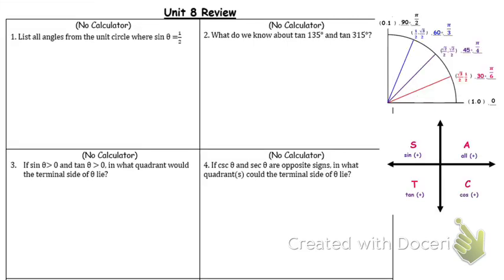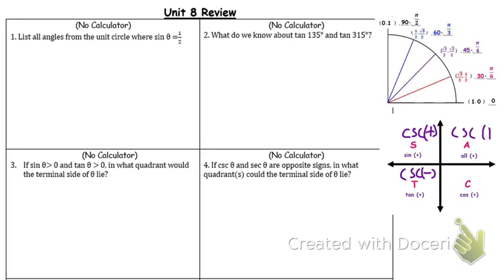Oops, still have one more. If cosecant and secant are opposite signs, in what quadrant would the terminal side of theta lie? Okay, so here we have cosecant. Cosecant is positive here, which means cosecant is negative here.